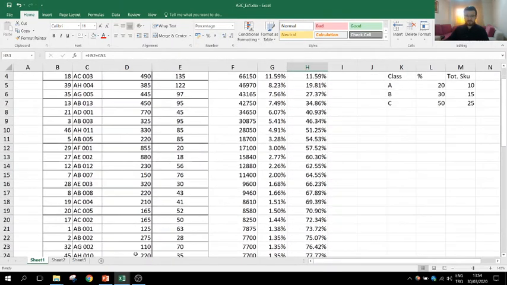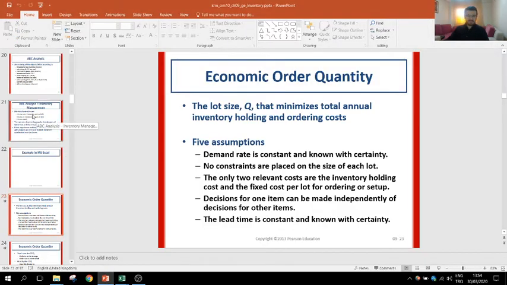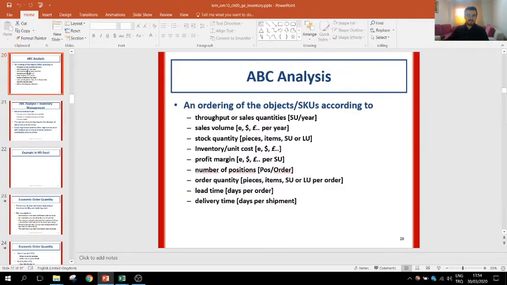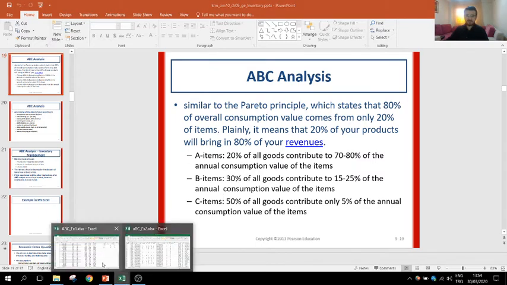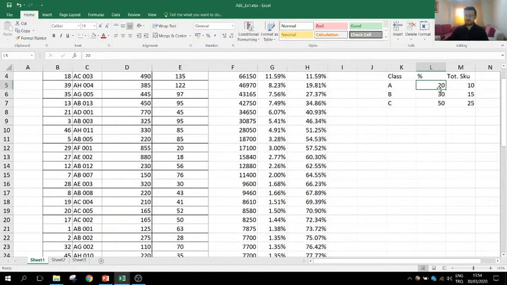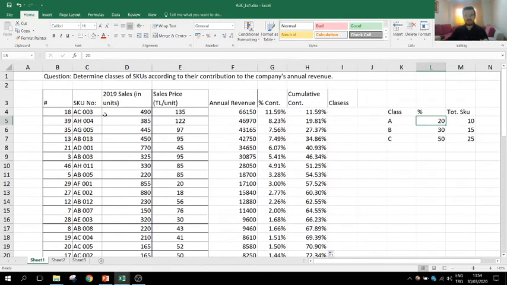As you guys remember, we just said that A items usually take 20% of the portion, B takes 30%, C takes 50% of all goods. Okay, so using those numbers, because I do have 50 SKUs, I can say that 10 SKUs might be class A items, 15 SKUs might be B, and 25 SKUs might be C items.